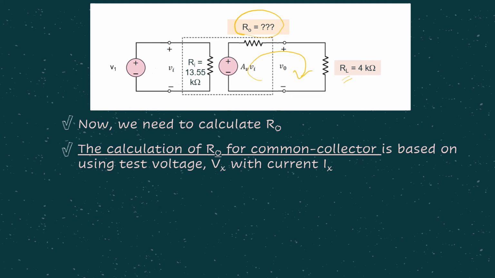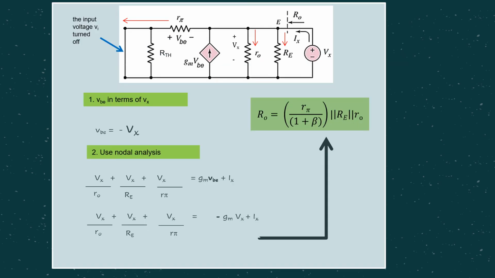Basically, we need to consider some kind of test voltage Vx with current Ix. So in order to derive the R0 value, we introduce a test voltage Vx in the circuit. As you can see here at the output side, we have Vx with a current of Ix. So in this case, R0 should be equal to Vx over Ix.